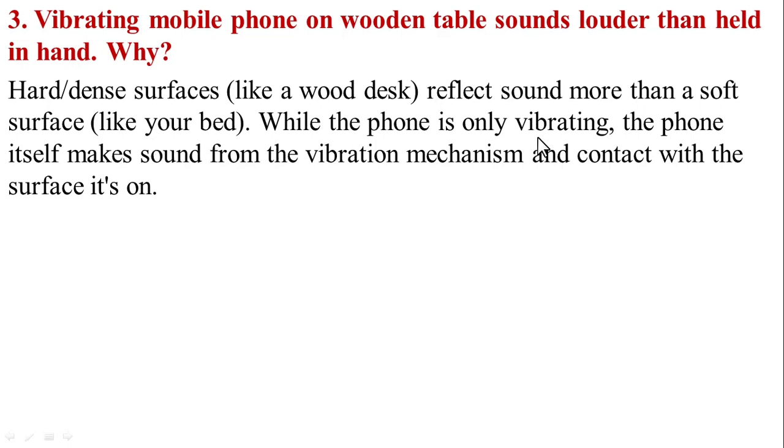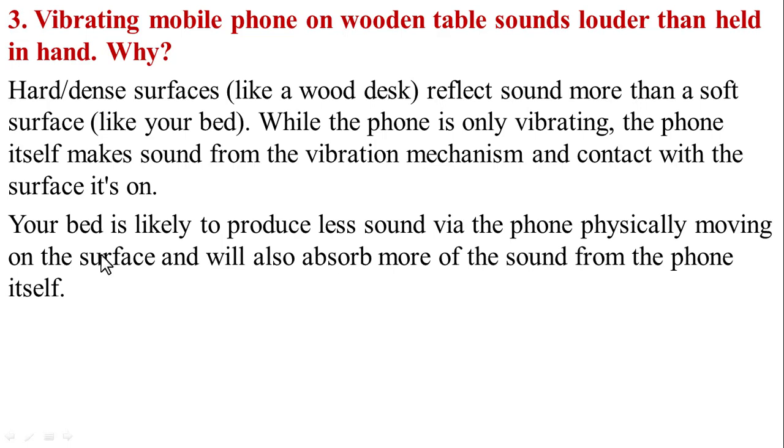The phone is only vibrating; the phone itself makes the sound from the vibration mechanism, connected with the surface it is on. Your bed is likely to produce less sound from the phone physically moving on the surface, and will also absorb more of the sound from the phone itself.